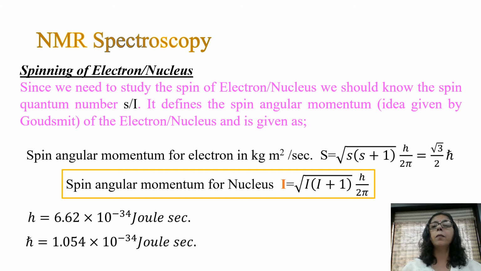And the spin angular momentum for the electron is given by capital S is equal to under root of s into s plus 1 h cross. I would just want you to turn over the pages of your vector atom model and you'll get this formula over there. Now talking about the spin of electron, of course we all know it is 1 by 2. So if you substitute this value of 1 by 2 over here, what are you going to get the value of S? It will be root 3 upon 2 h cross.